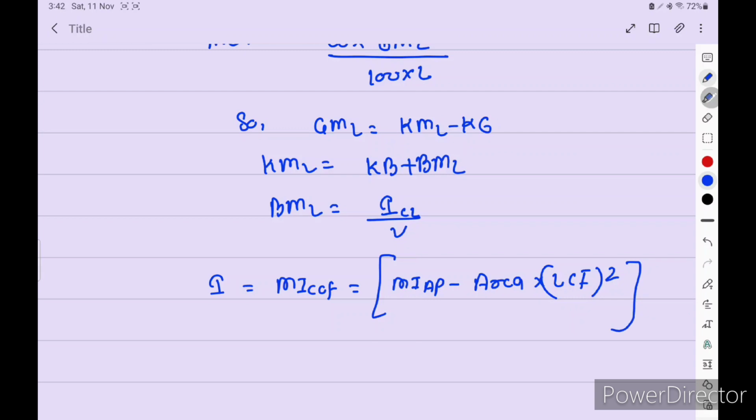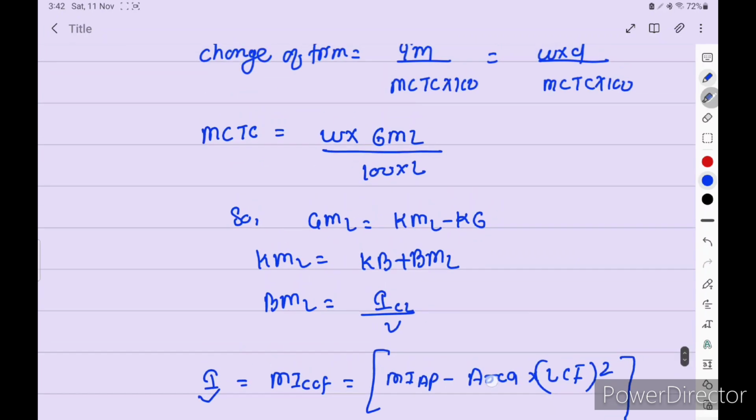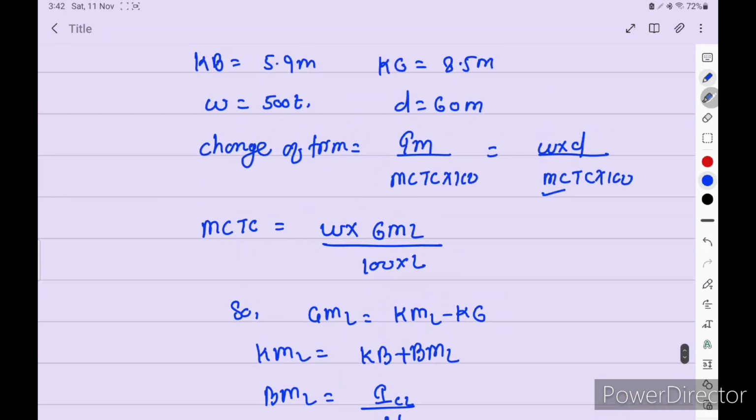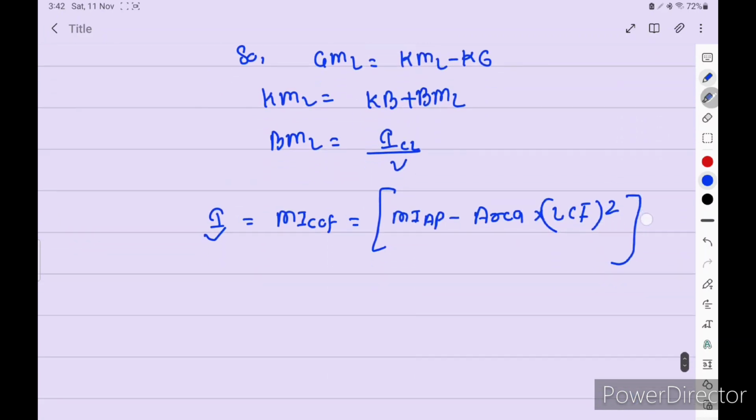Okay, so the question requires us to find this, so that we can find this and this. So this is the question requirement. Indirectly they want what? I. Okay, so let's solve this question.